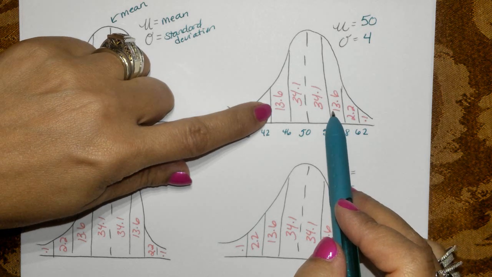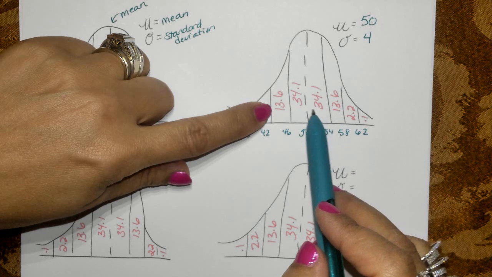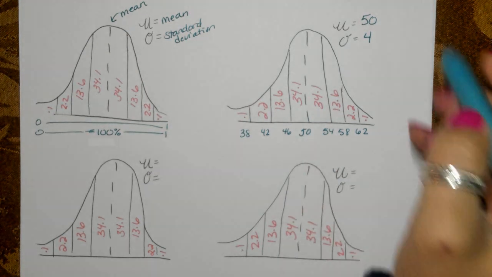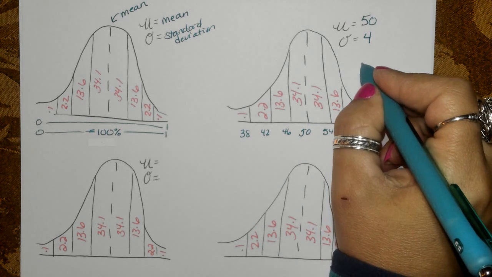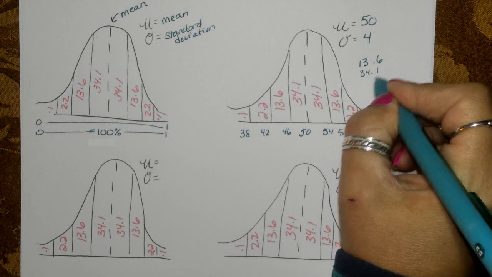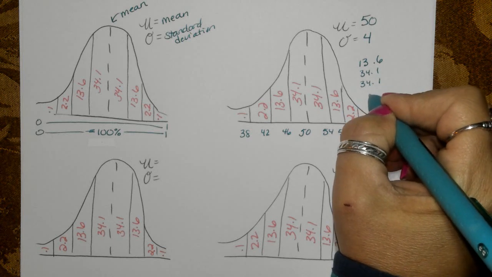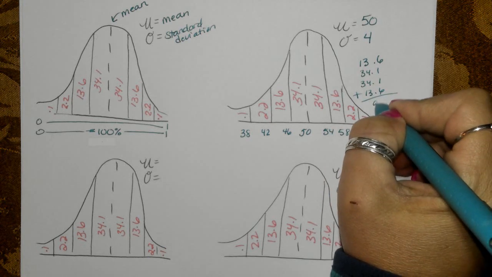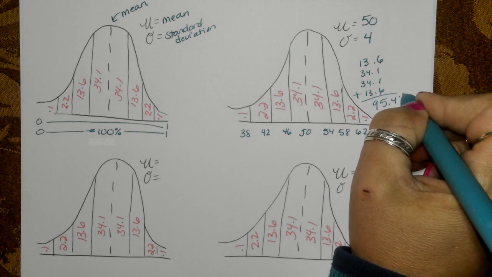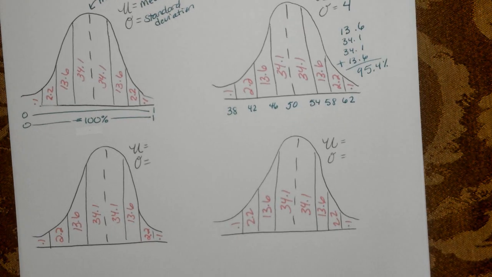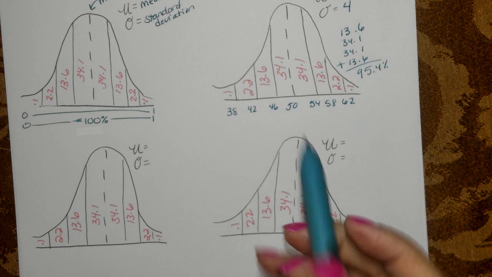So I have 13.6 plus 34.1 plus 34.1 plus 13.6. We're adding them, and we get 95.4%.